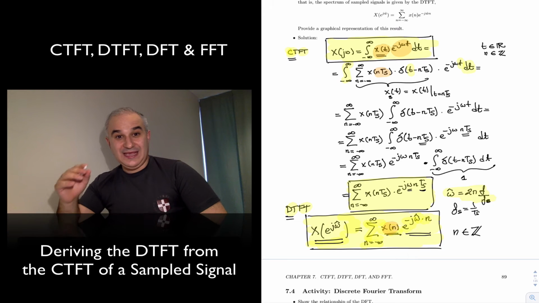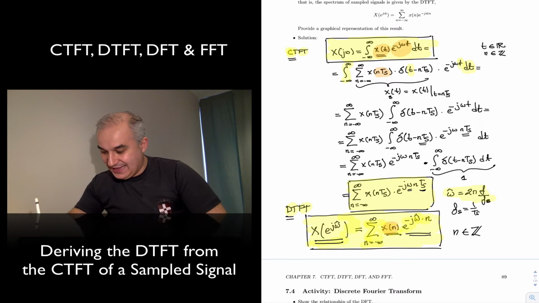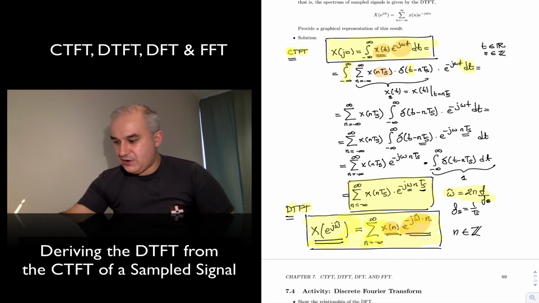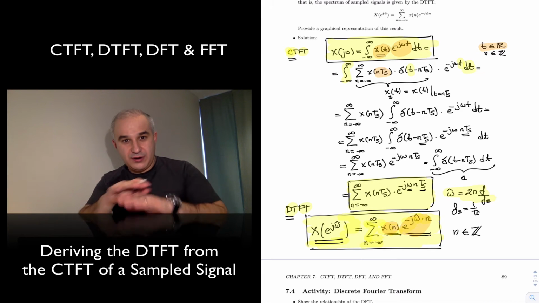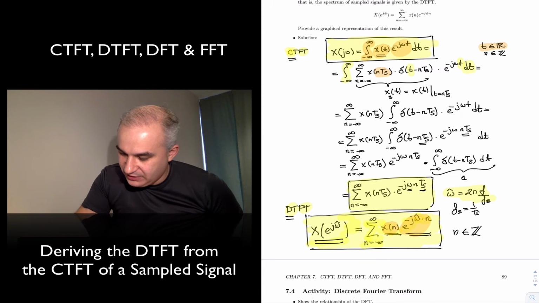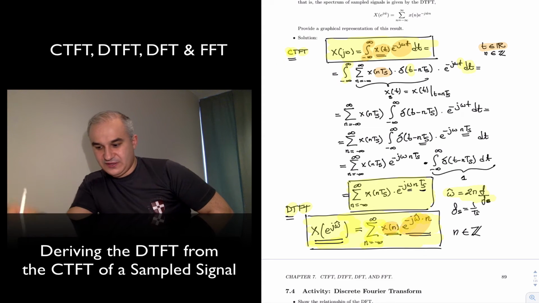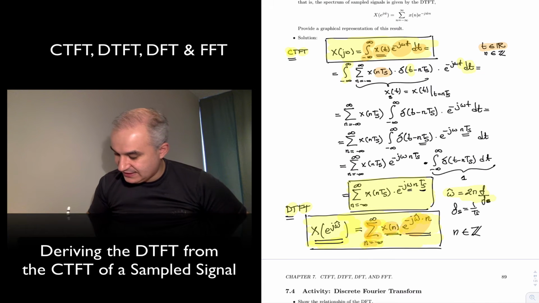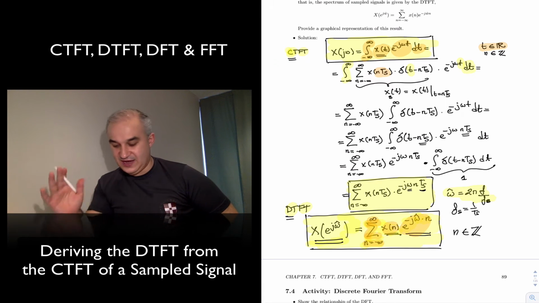In discrete time, it's going to be e to the minus j omega hat, the digital frequency, radio frequency, and instead of t is going to be n, our discrete time variable. In continuous time, because t belongs to R, you have an infinite number of points in between 2 points, you need to integrate from minus infinity to infinity with respect to that variable. In discrete time, you just add the discrete sum, because you have discrete values.